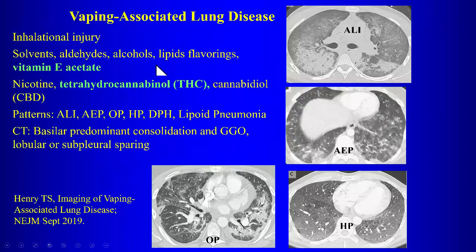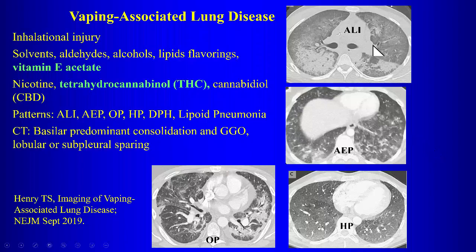There are various patterns that have been described with vaping-associated lung disease. It's thought that these products, vitamin E acetate, THC, are what's causing lung damage in these patients. But the various patterns: acute lung injury, where you get consolidations within the lungs; an organizing pneumonia pattern, peripheral consolidations; hypersensitivity pneumonitis pattern, more centrilobular diffuse consolidations; acute eosinophilic pneumonia pattern, peripheral consolidations.